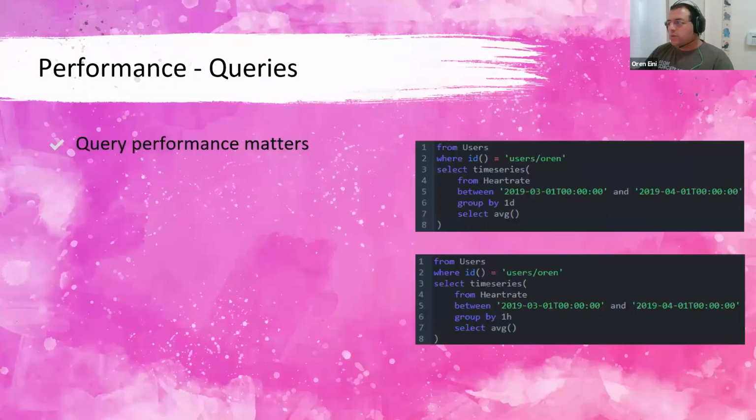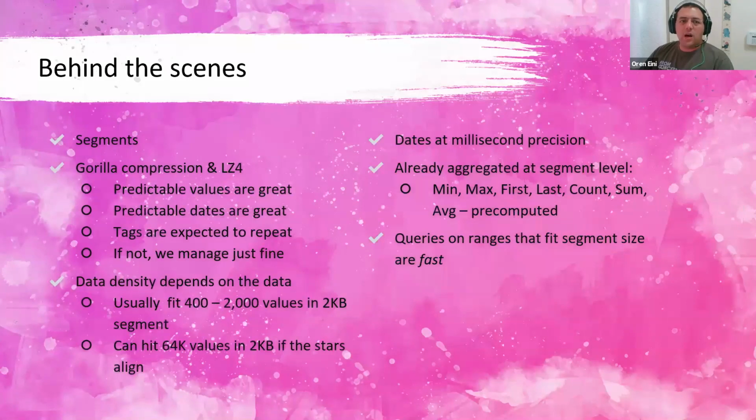And I want to touch a little bit on how this works. When you write the time series data into RavenDB, we divide the data into segments. A segment is 2 kilobytes in size. Then we use something called Gorilla compression, a time series compression method from Facebook.